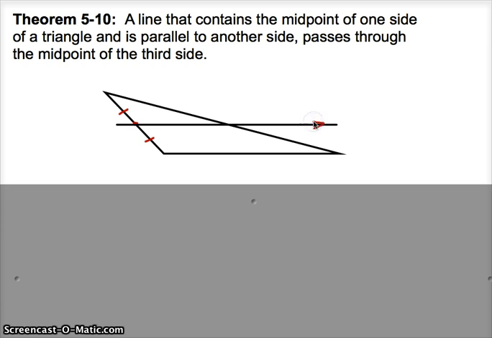So if I draw this so it is parallel, what the theorem says is that the line will then pass through the midpoint of the third side. So over here should then be the midpoint, meaning I know that this gets cut into congruent sized pieces.